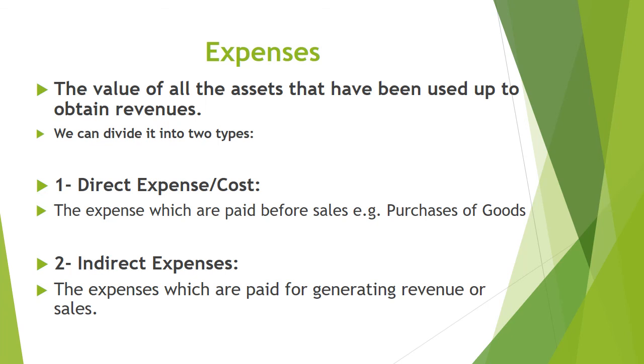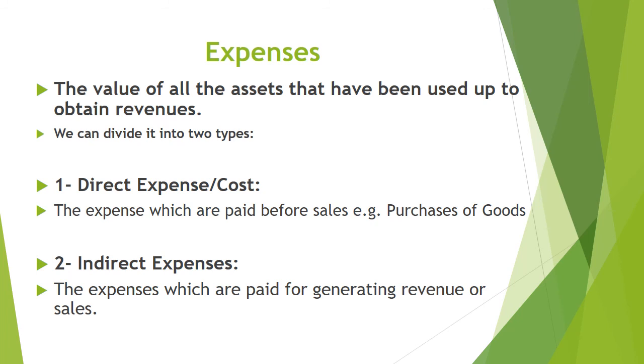And what are expenses? The value of all assets that have been used up to obtain revenue. We can divide it into two types. First is direct expenses, also called the cost: the expenses which are paid before sales, e.g. purchase of goods.